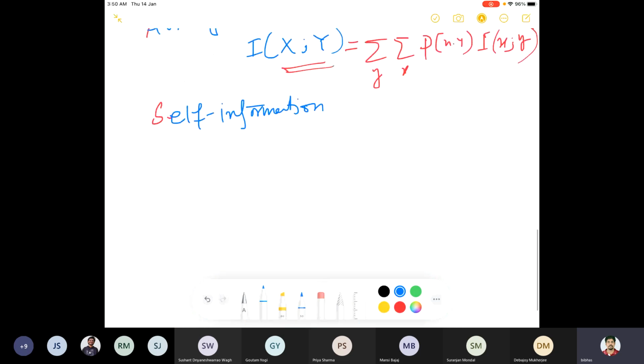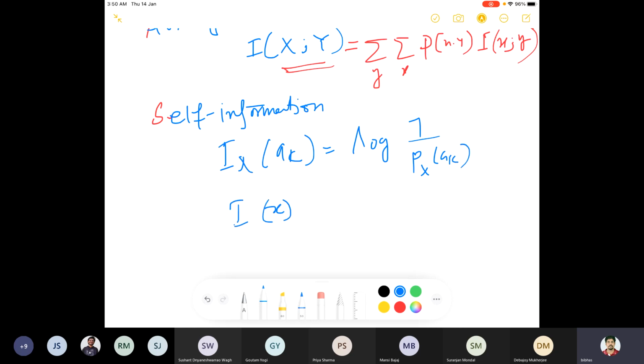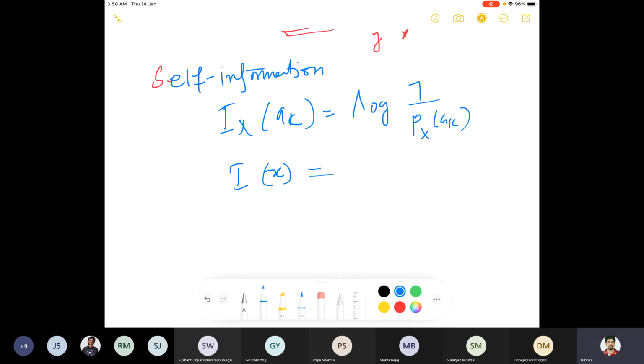So self information, we define it as I(x), okay, some a_k: I(a_k) is equal to log of 1 by p(a_k), or you can just say self information I(x) for some input x is log of 1 by p(x), which is equal to minus log of p(x).